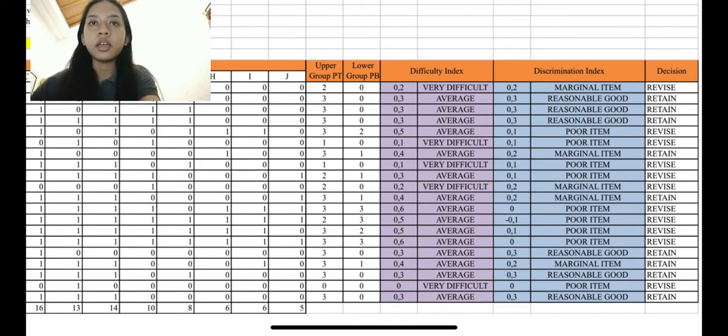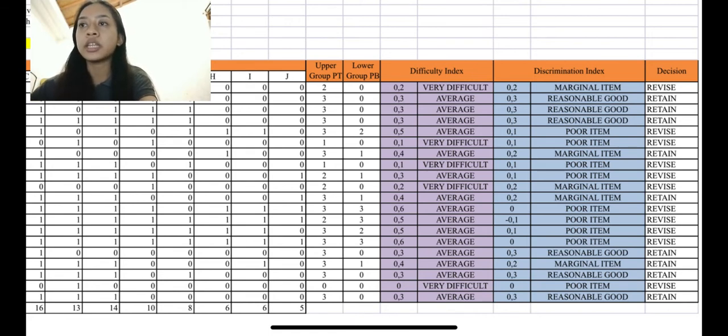Item number 6, only one of the upper group can answer it correctly, and no one in the lower group can answer it correctly. So the difficulty index is upper group plus lower group divided by 10, which is 0.1, included to be very difficult.